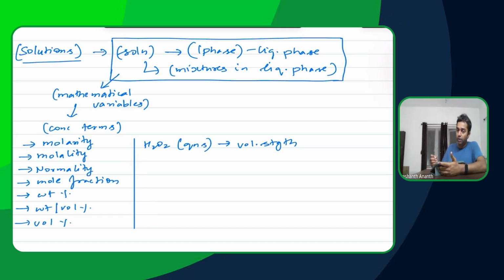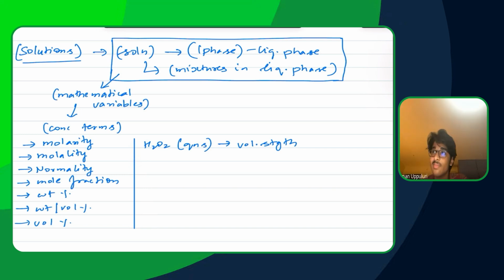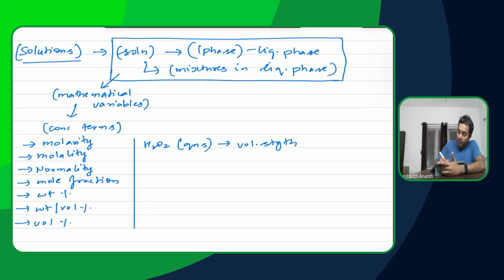So if you don't know how to convert volume strength, you're straight away in trouble there. Next up, the same analysis is applicable for sulfuric acid as well. Basically, oleum percentage strength. They might play with that. They might give you that particular thing also. You'll have to convert the percentage strength meaningfully into whatever is going to be the concentration.